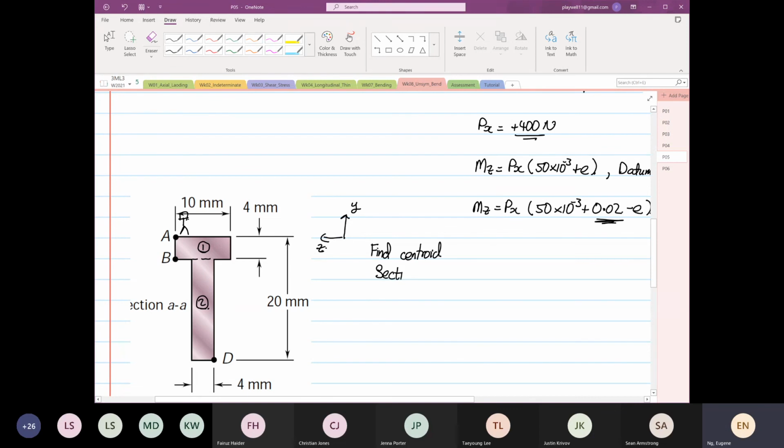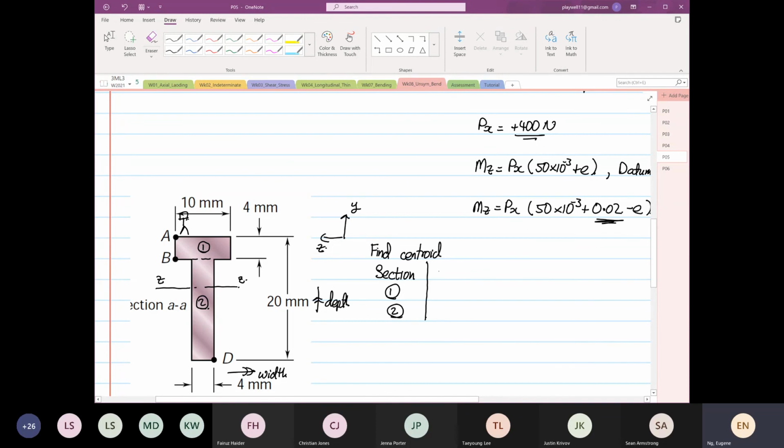I'll try to do it quickly because you guys know this already. Because we are going to find Izz, this distance will be our width and this distance will be our depth.